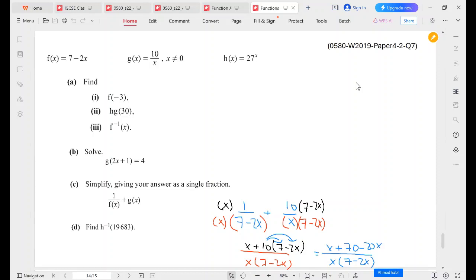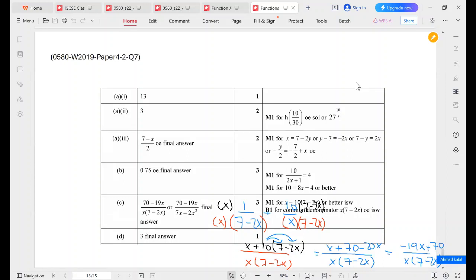And this is equal to negative 19x plus 70 over x times 7 minus 2x. Negative 19x plus 70 over x times 7 minus 2x is the correct answer. Of course, 70 minus 19x is the same as negative 19x plus 70. So this is the correct answer here.